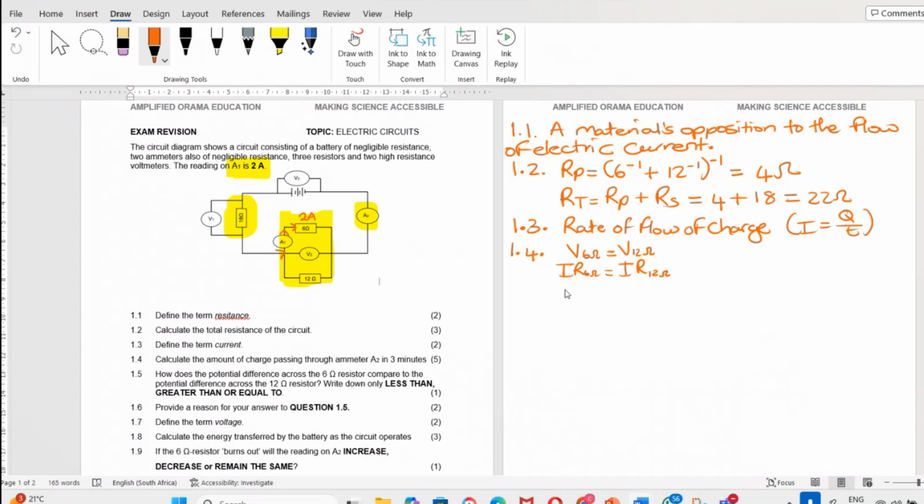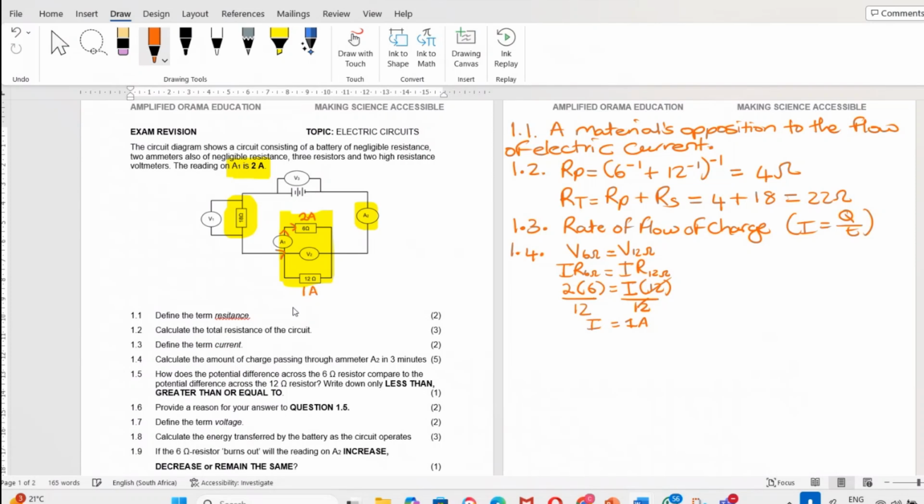We know the current flowing through the 6 ohm is 2 and its resistance is 6. The current through the 12 ohm is what we're looking for, but the resistance is 12. So if you divide both sides by 12, you will get 1 amp.